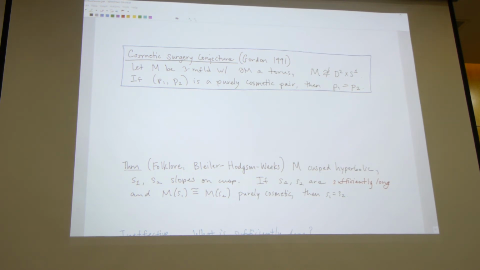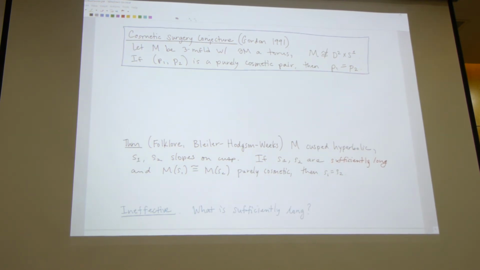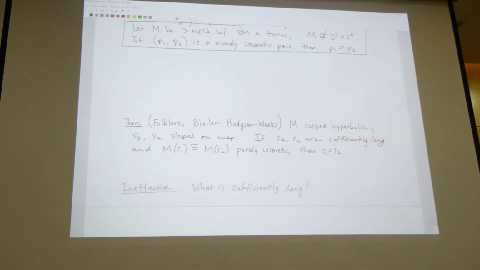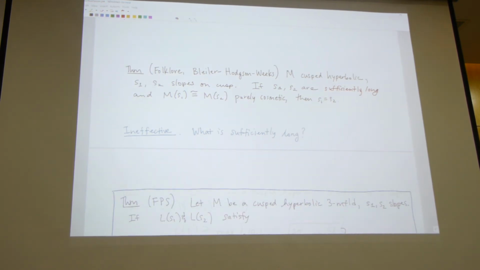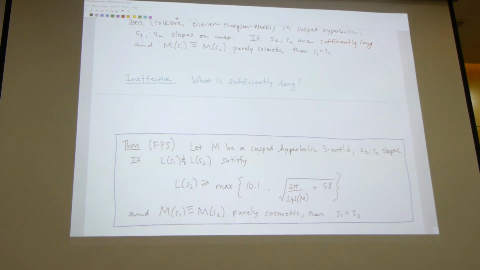All right, but again, this is ineffective because there's no quantified number. What does sufficiently long mean? And so this is something that we are able to quantify. So here is our theorem. Let M be a cusped hyperbolic 3-manifold with slopes S1 and S2, and let's suppose that the normalized lengths are both larger than the maximum of these two quantities.